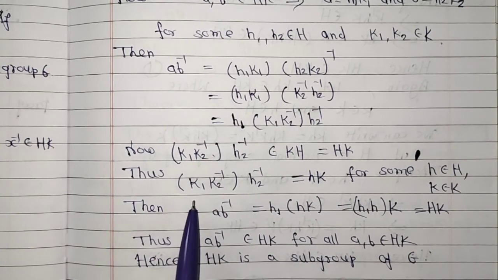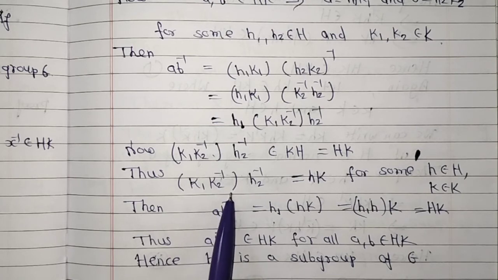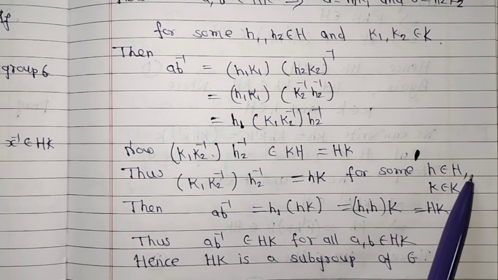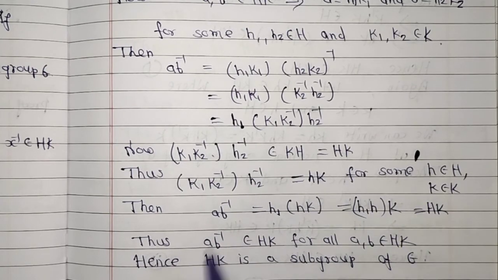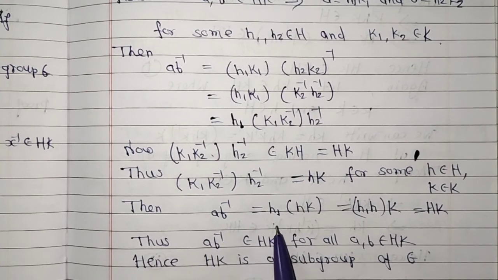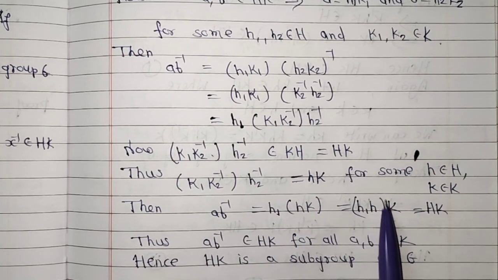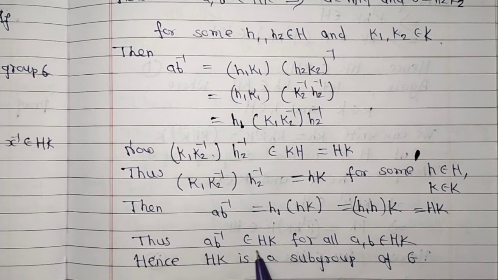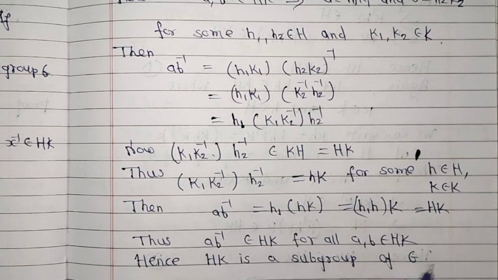Thus (k1 k2 inverse) into h2 inverse equal to hk for some h belongs to H and k belongs to K. Then a b inverse equal to h1 into (hk) equal to (h1 h) into k, and this belongs to HK. That means a b inverse belongs to HK for all a, b belongs to HK.